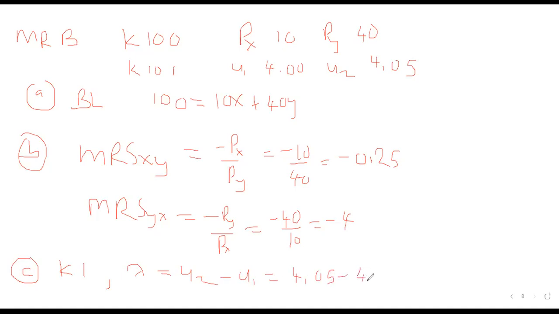Our utility increased from 4 to 4.05, which gives us 0.05 utils. So it means any one-kwacha increase in your budget will increase your satisfaction by 0.05 utils. This is what we use to define lambda.